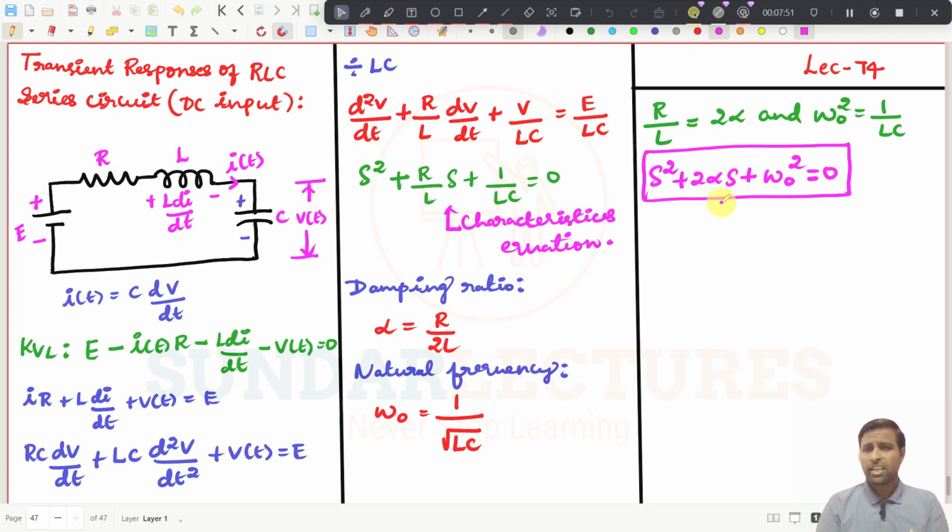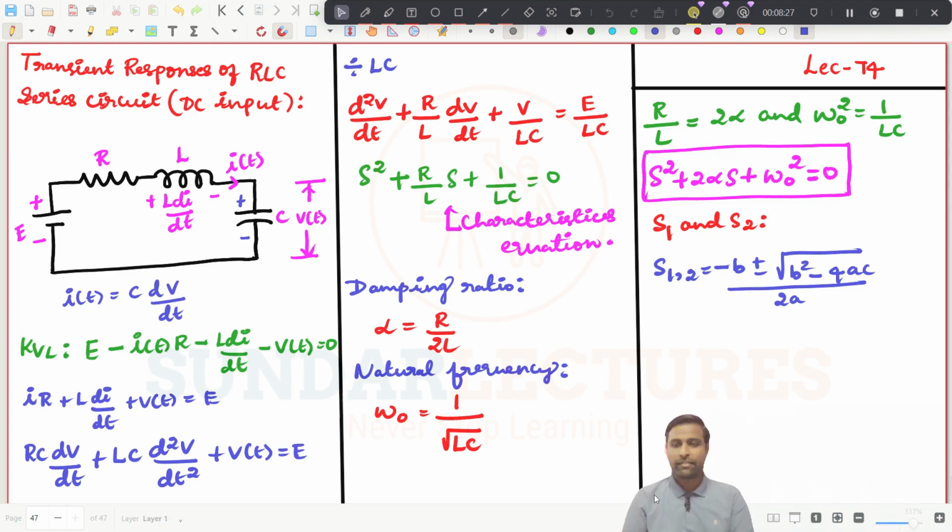Now, if this is the expression, then obviously you will get S1 and S2. What is the formula to find S1 and S2? This is actually a quadratic equation, so we use the quadratic formula: S1,2 equals minus B plus or minus square root of B square minus 4AC, the whole divided by 2A.